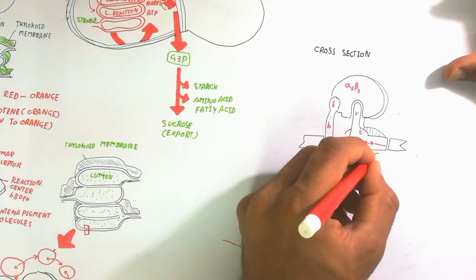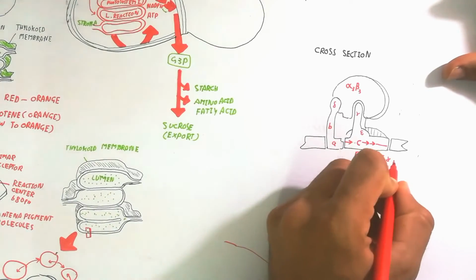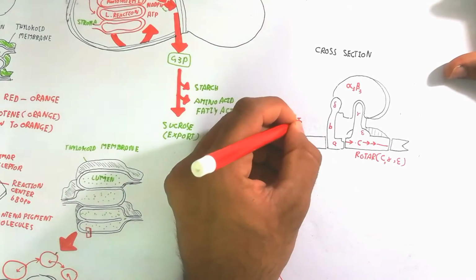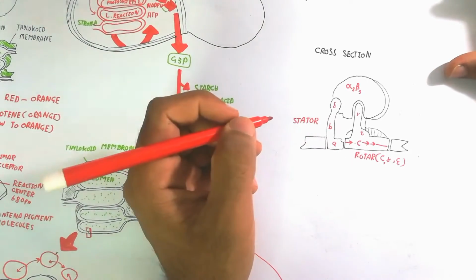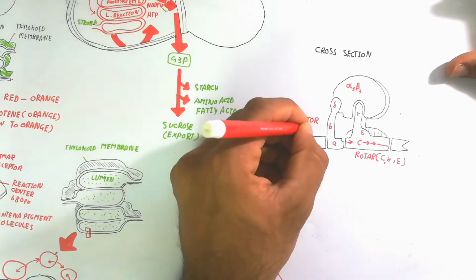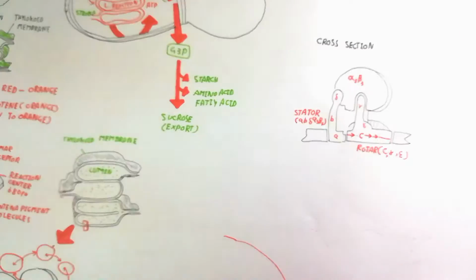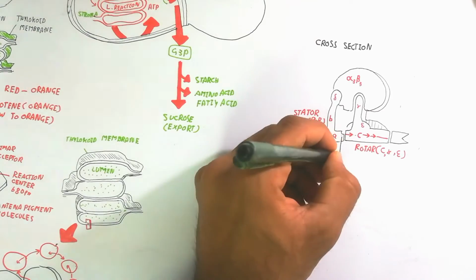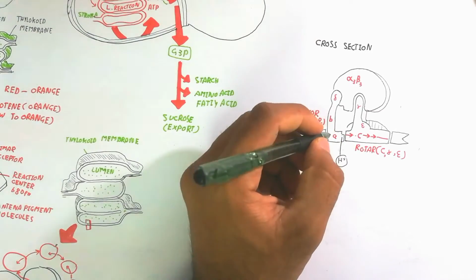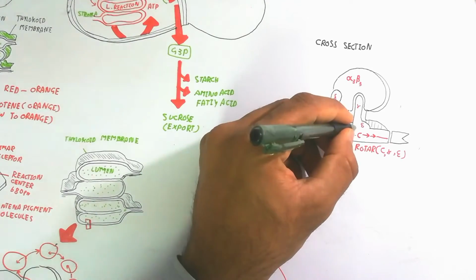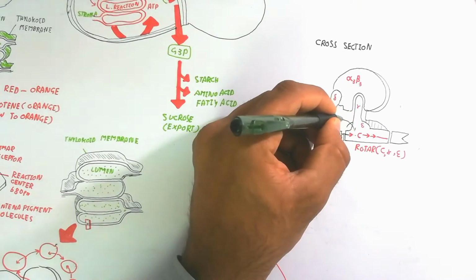Here is the rotator side, which rotates, and protons bind and are released into the stroma, from lumen to stroma, and the release of protons is attached with the ATP synthase from the beta subunit to produce ATP.